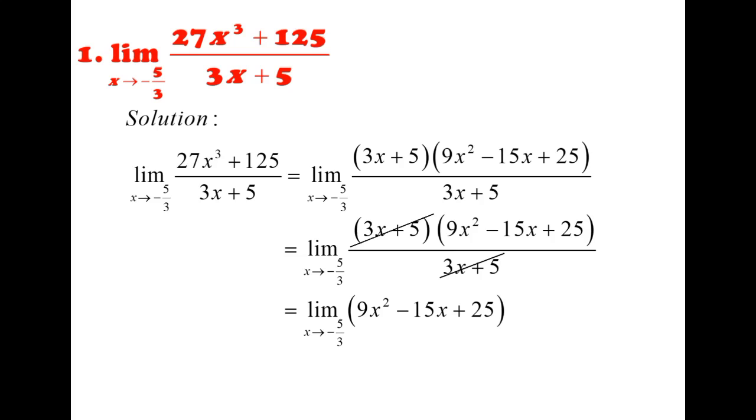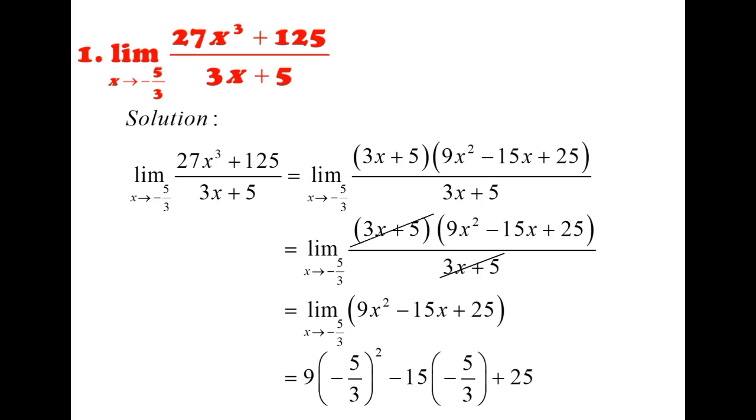After which, the next thing we should do is substitute the value of x, which is negative 5/3. Since x only approaches negative 5/3, we are not making the denominator 0, because after the cancellation the denominator is no longer zero. So we have now replaced everything after the cancellation.